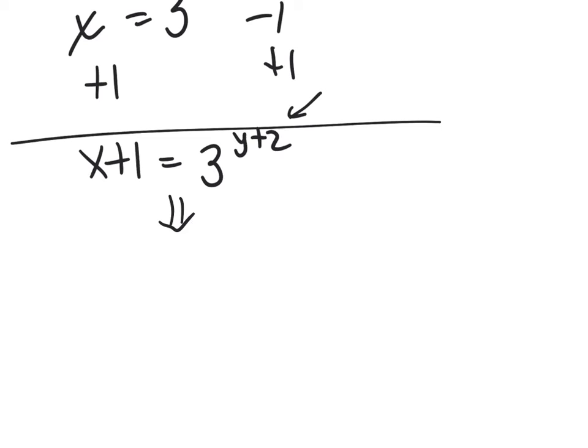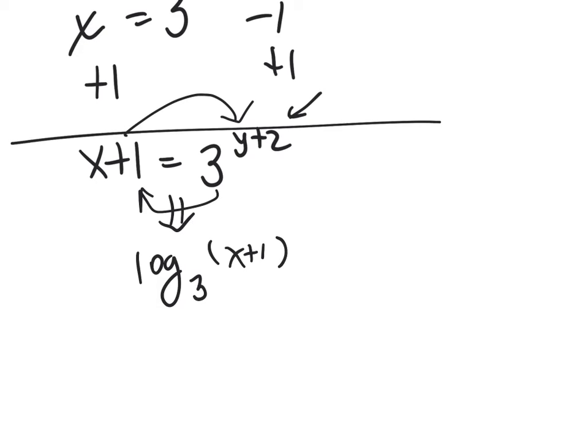So your next step, everybody, write log base 3 of, and then hint, put this in parentheses. It'll matter later. Log base 3 of, and do we just go in order? No, you always jump around. Log base 3 of x plus 1 is equal to y plus 2.